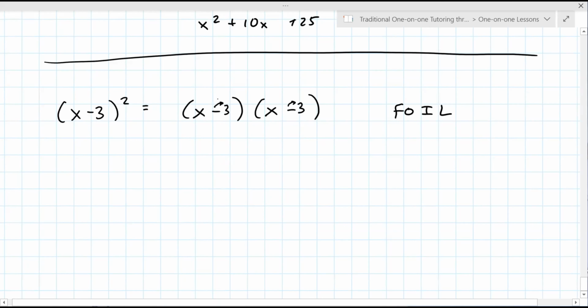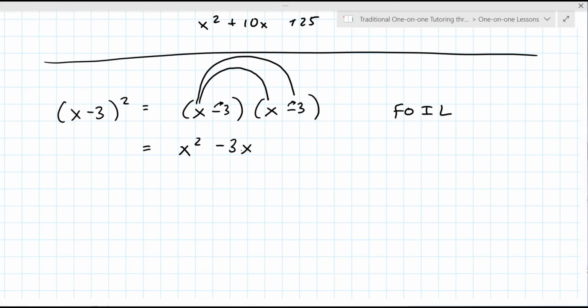The difference is the negatives go with the number to the right of them. So when you're doing F, that doesn't matter, it's x squared. But when you're doing O, it's x times negative 3 now. So then I would go negative 3x and then negative 3x. That's right, negative 3x.